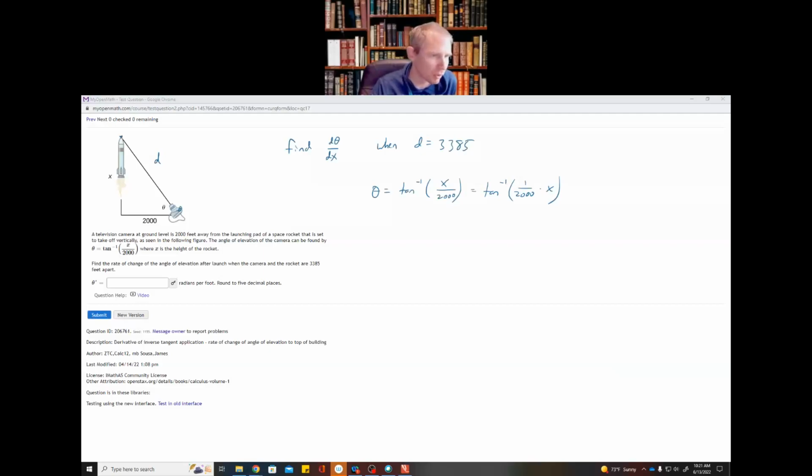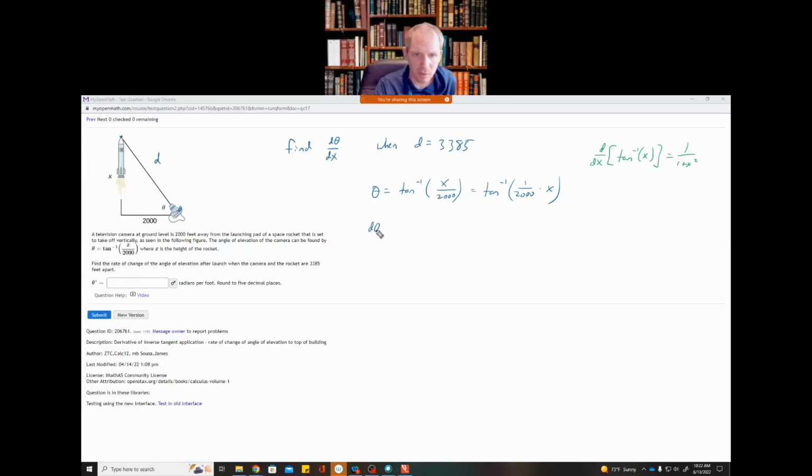Let's write down that derivative formula really quickly. The derivative of tangent inverse of x is 1 over 1 plus x squared. What I want to do is find the derivative of tangent inverse of a function of x. So I'm going to use that derivative formula, but I have to use the chain rule because I have an inside function.